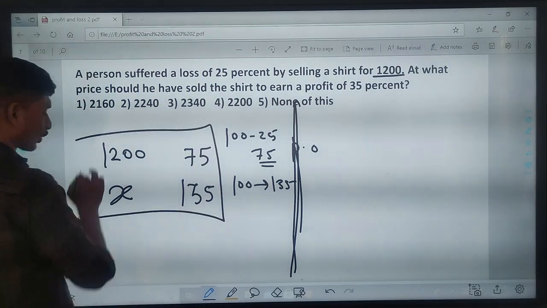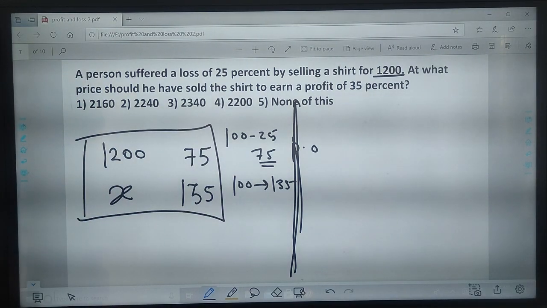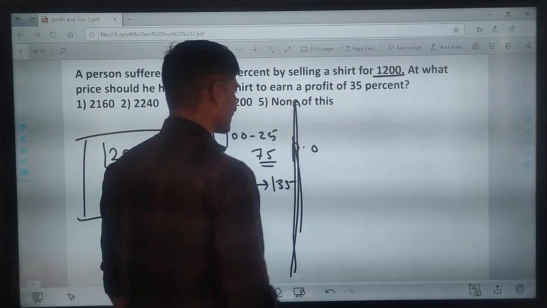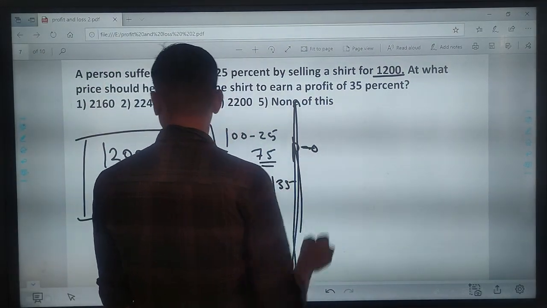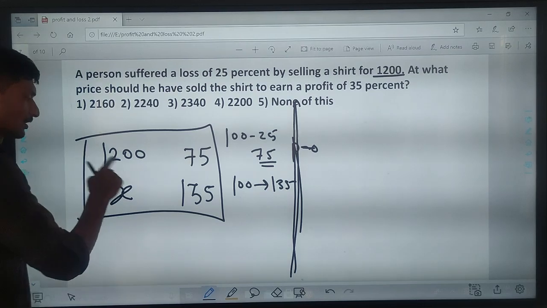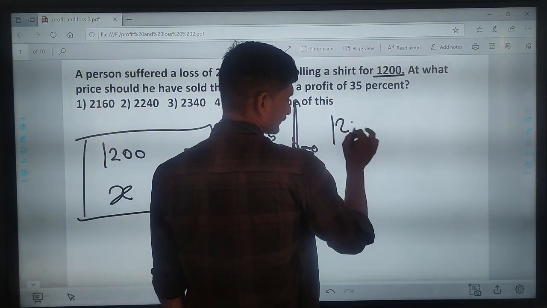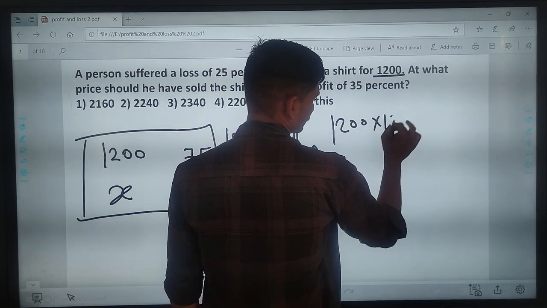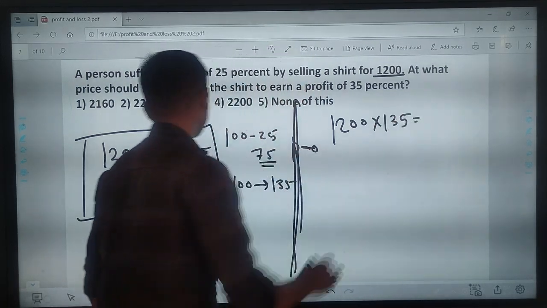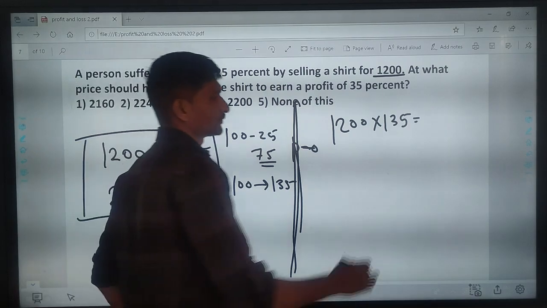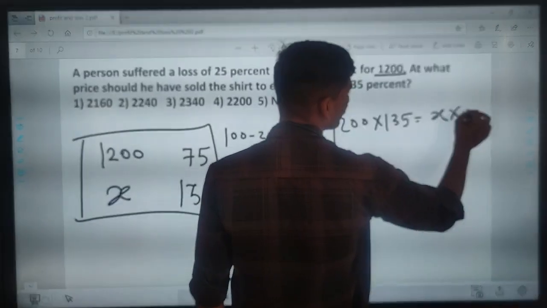Now we cross multiply to get the answer: 1200 into 135 is equal to X into 75.